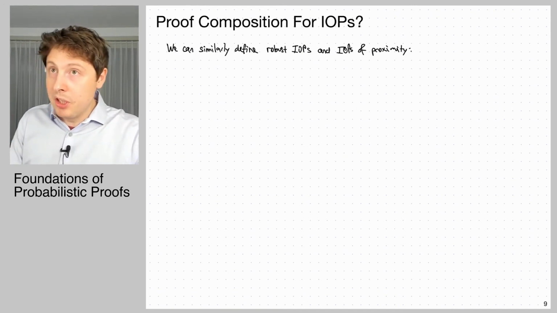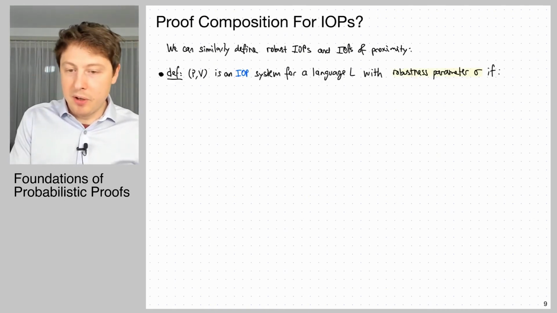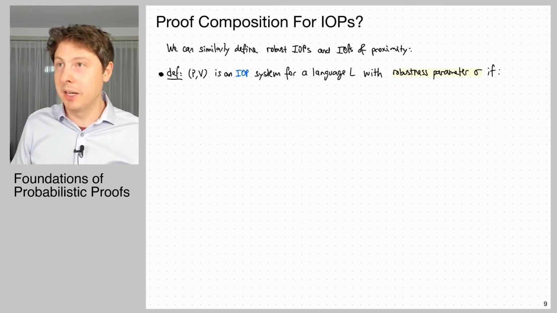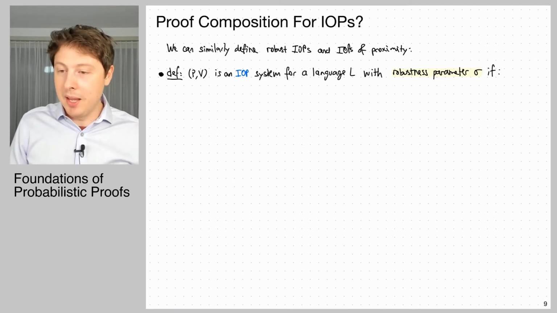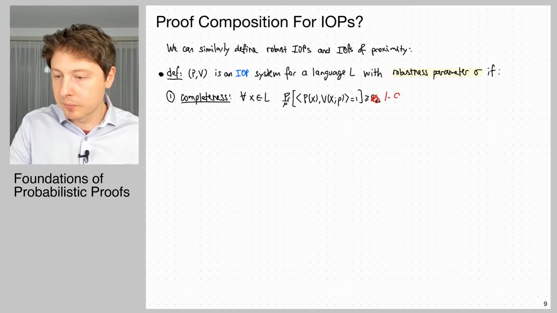I have two definitions that I'll show, and I have highlighted the small things that change. First, if you want to define an IOP, the thing that changes is you replace PCP with IOP. That seems like an easy change. Robustness parameter: the completeness condition is the same as usual.